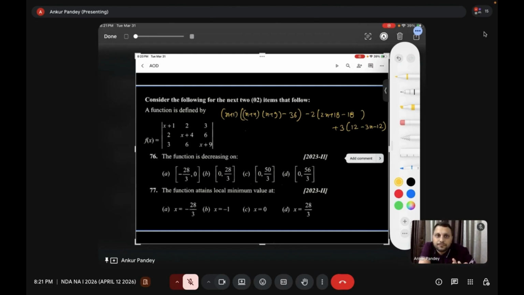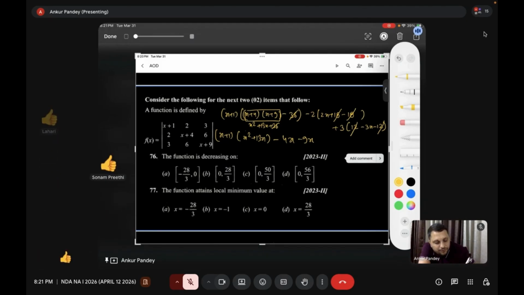Yes or no? You can see 12 and 12 got cancelled, 18 and 18 got cancelled. X plus 1 into this part is x square plus 13x plus 36. So 36 got cancelled inside. X square plus 13x. Minus 4x visible, minus 9x visible. Yes or no? Clear?